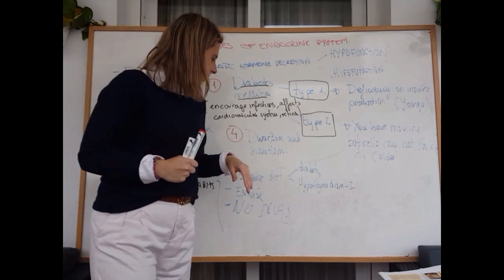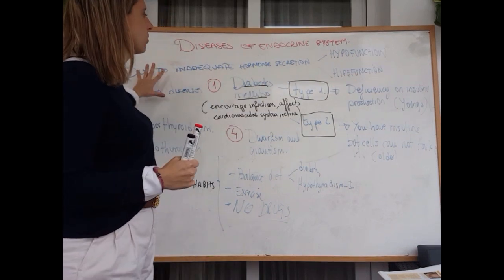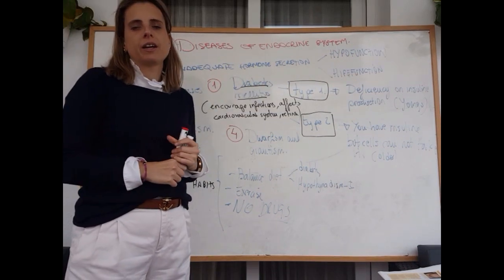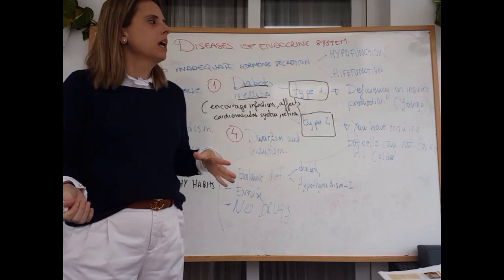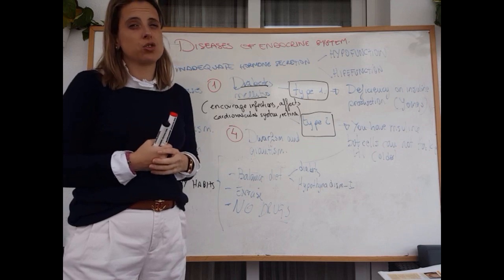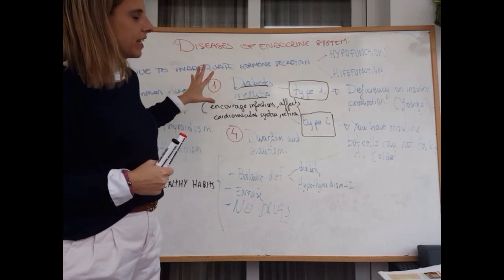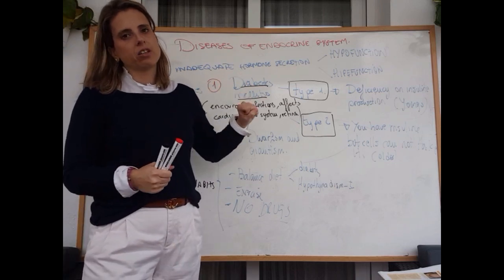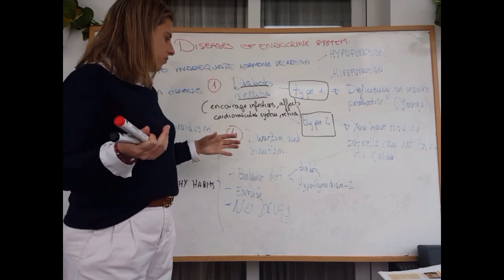Good. So basically these are the diseases of the endocrine system that we are going to study. There are plenty more diseases, but I think that these are quite common and it's good that you know them.